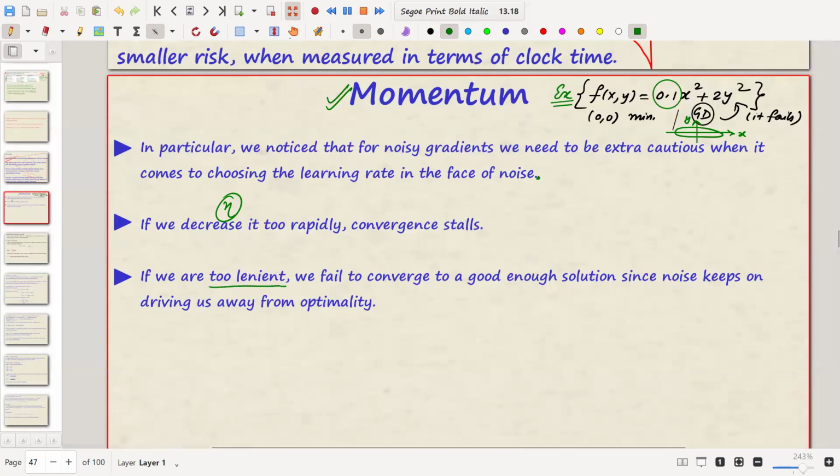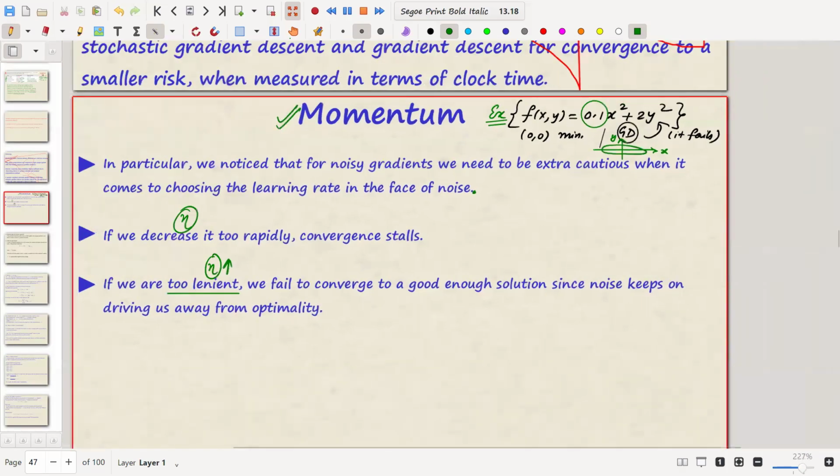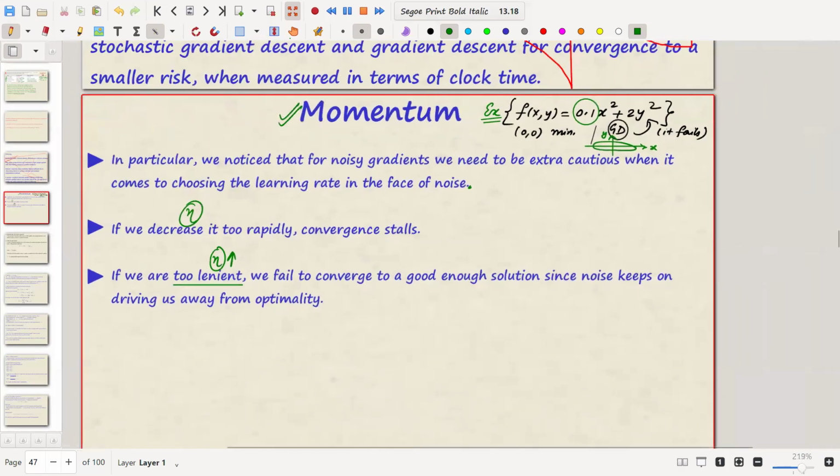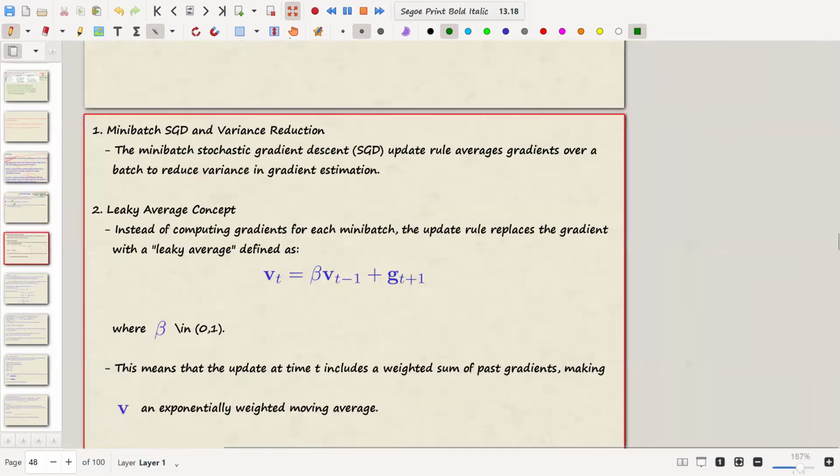If you are too lenient, that means if you increase eta, you might fail to converge to a good enough solution, because the noise will keep you away from optimality. Fine, these are about learning rates.